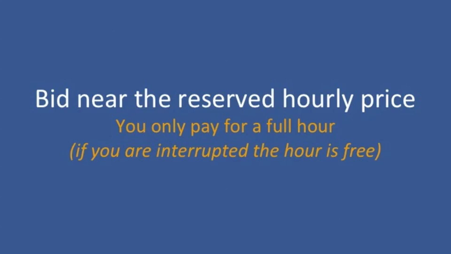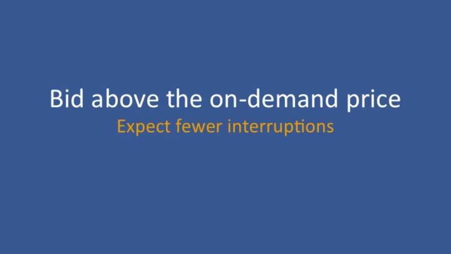If you're interrupted, the hour is free. Another example is bidding above the on-demand price. If you bid at a level that is significantly more than the on-demand price, then over a given history of the spot market, you can make a fair assumption of how often you think you'll be interrupted, and it will be far less than if you bid at a lower level.